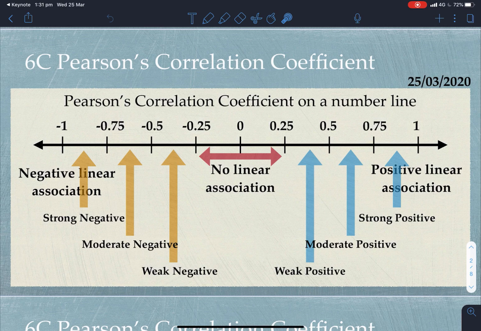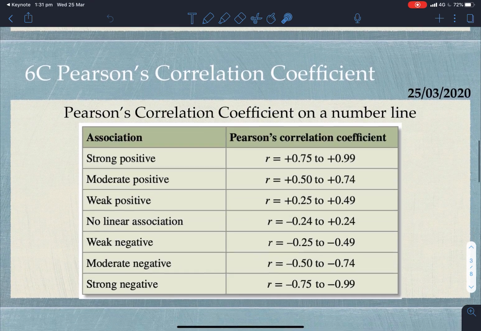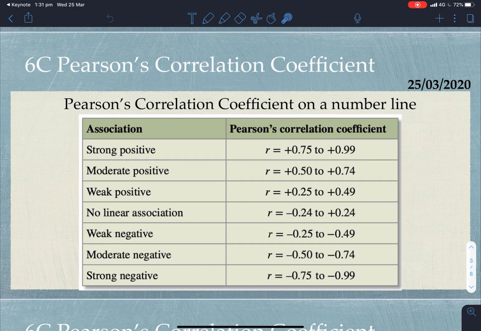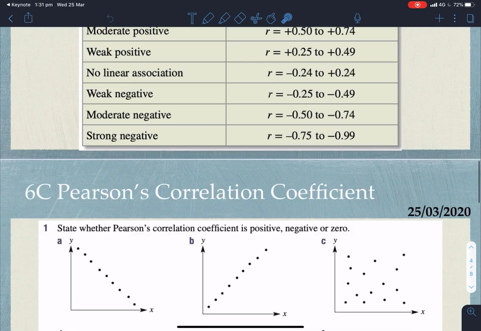And that's positive. For negative, it's exactly the same scale, just going in different directions. If you are a numbers person or a table person, our text will give you a nice table to show you what range the Pearson's correlation coefficient is. So that one's the easy part.